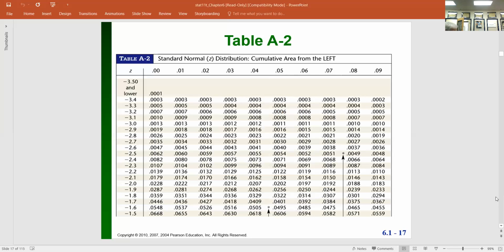So we can use either area or z-score to determine the other. Using area, we can determine z-score. Using z-score, we can determine area. Area is probability. Remember that.